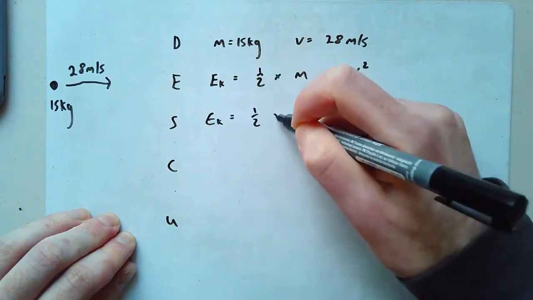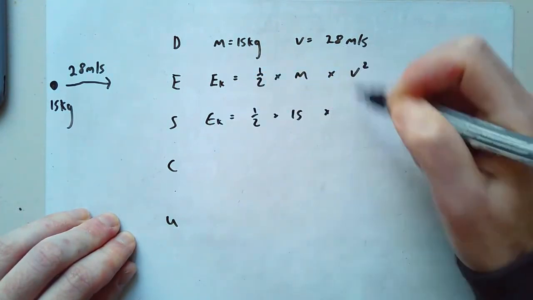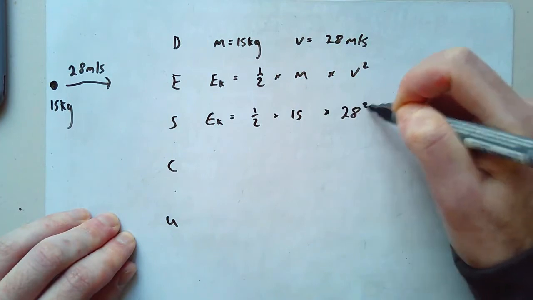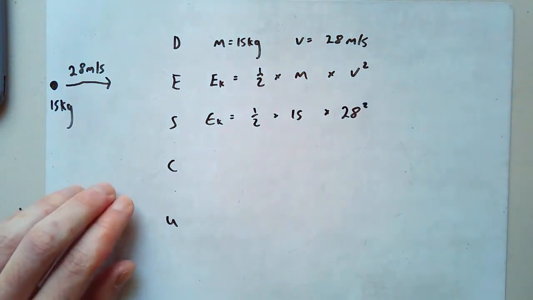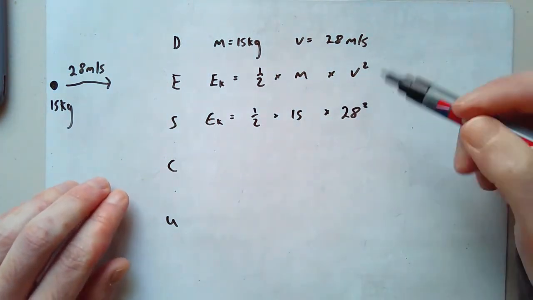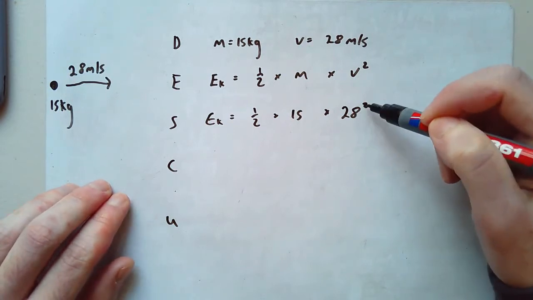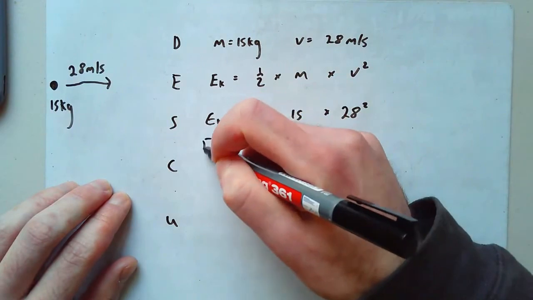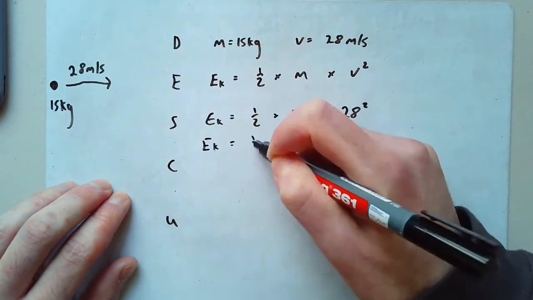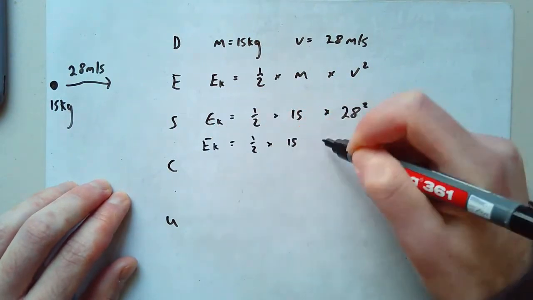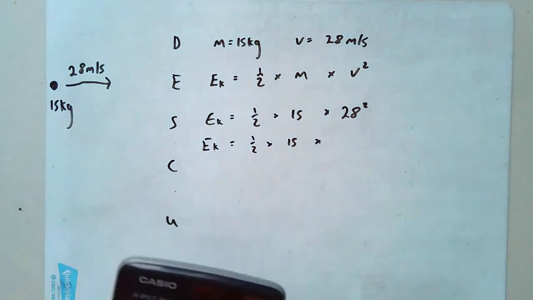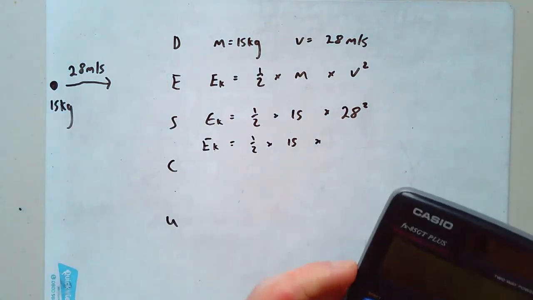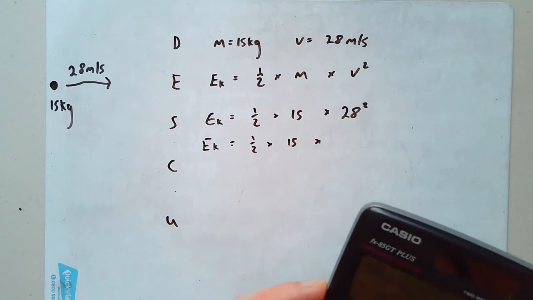And now I need to calculate. Now it's really important that when you do that squared, you're only applying it to the 28 squared. So I'm going to do this in 2 steps. I'm going to say EK equals a half times 15 times, and then I'm going to get my calculator out and say 28 times 28, or use the squared button to get 28 squared, and I'll get 784.